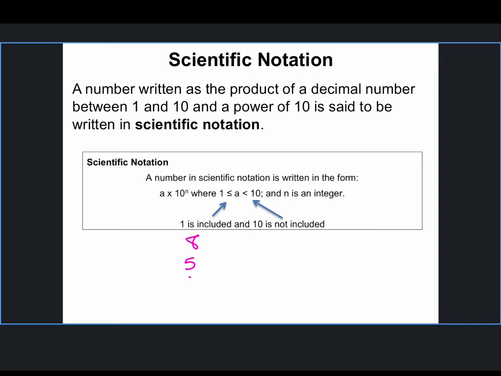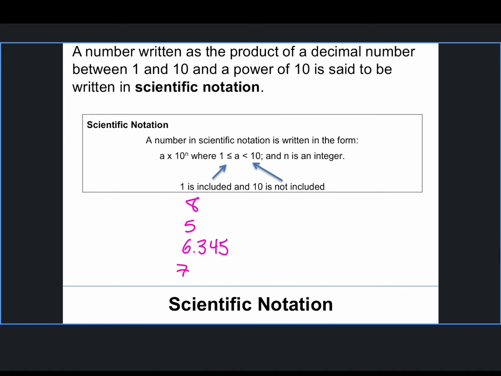I said 6.345. Tell me some more. 7. We said 1 was included. 2 is included. Where is the decimal in each of these? It's right after the digit. How many digits are to the left of the decimal?